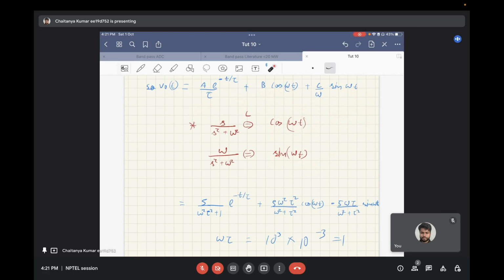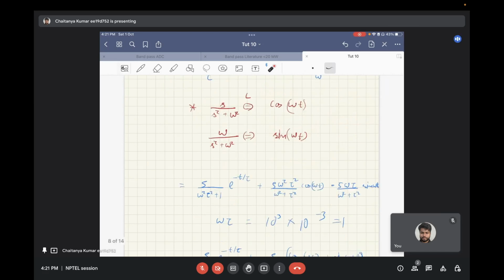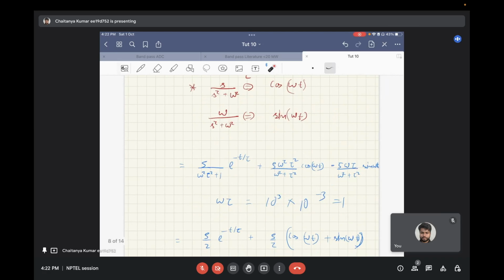So from that, this is the time domain equation that you get. Here the values of A, B, C are substituted, so from there you get these coefficients of the exponential, sine, and cosine.